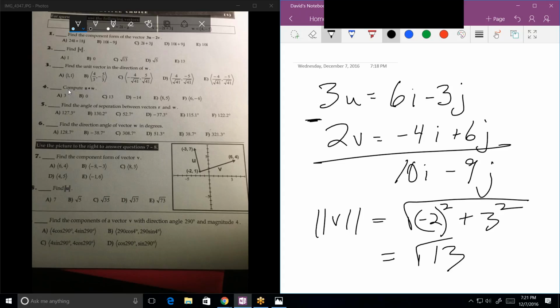Just a second, let me make sure I'm understanding this. Projection of U onto V. I think that's what they're asking. And that involves dot products and everything.